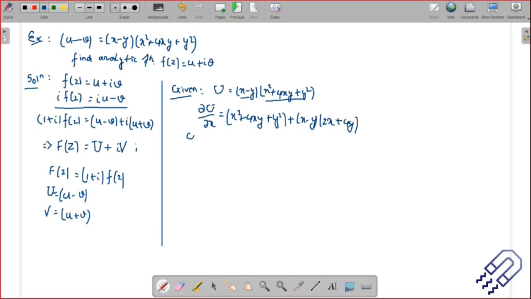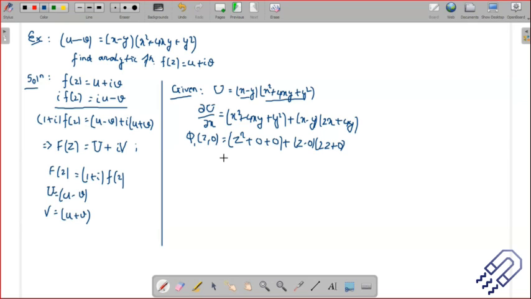So you can write it this way, that's simple. And then I can directly go for phi 1 (z, 0). We're just taking out the real part. See, this is the real part, u minus v. There is no i here, so we're not talking about v here. That means we are taking the first function as del u del x (z, 0). x is z, so this is z squared plus, there is a y there, this is 0, so 0 plus again 0 plus, this is x minus y, x is z minus 0, this is 2z plus 0.